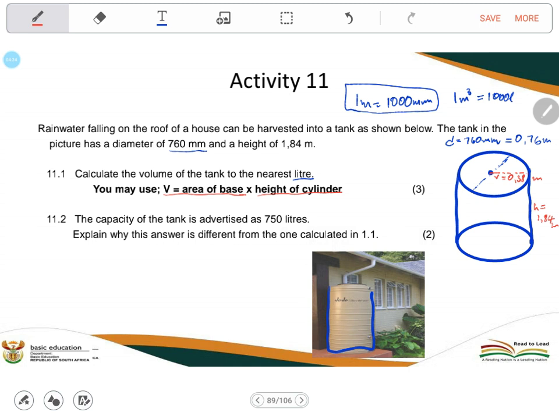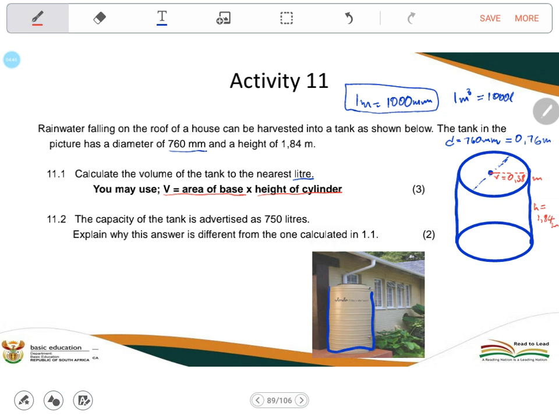In one of the previous videos, I discussed that area of the base times height is actually the formula for almost every volume of any kind of solid.